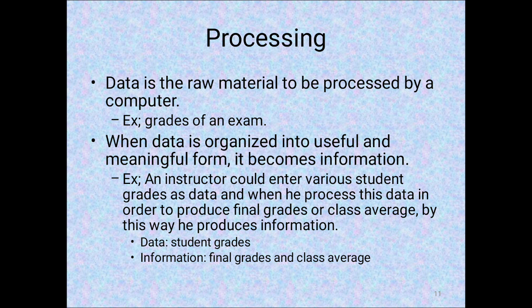For example, an instructor could enter various student grades as data, and when he processes this data to produce a final grade or class average, in this way he produces information. Data is the student's grades; information is the final grade and class average. The student's grades are fed in by the teacher or a particular person, and after that we get the overall grade, which is the information.